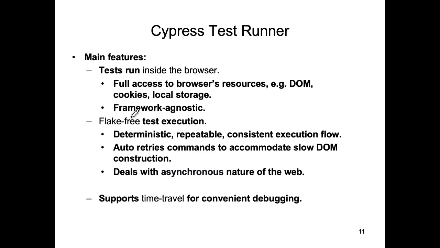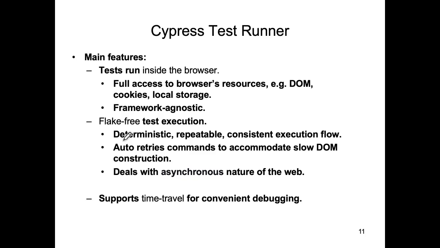I'm saying here that it's flake free, which I've already spoken about, so I won't go over that again. One aspect of it though is, if you've got a command in your Cypress test that says find a particular DOM element or collection of DOM elements, and the DOM element isn't there. It may not be there because the browser is still loading the page and building the DOM, going back to the asynchronous nature of web apps.